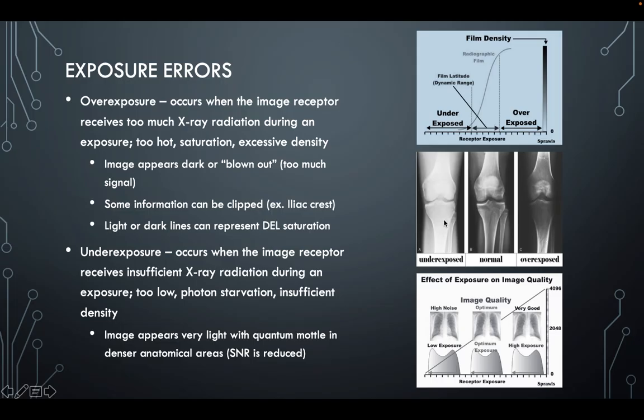Remember, at 80% underexposure, too light, too bright, the image can't be used. And then with overexposure, I can get up to 500% overexposure and still have a usable image. And then these others are just demonstrating exposure latitude and dynamic range.